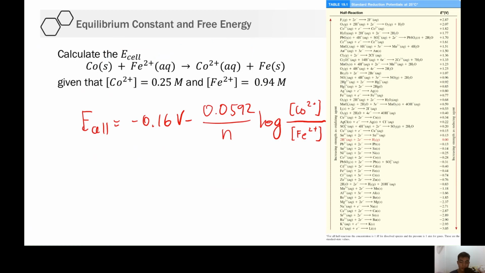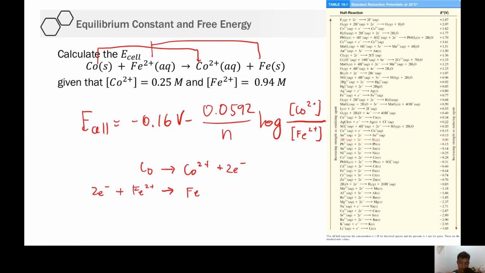Let me rebalance the equation again. We separate this into two half equations. We have cobalt 2 plus, you add 2 electrons here, so the equation is now balanced. You have Fe2 plus and then Fe, add 2 electrons here.